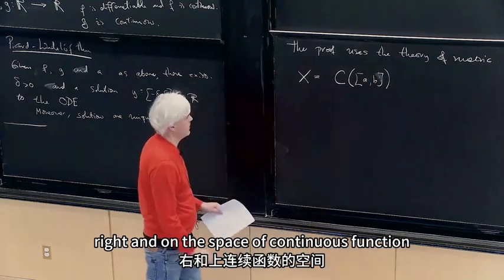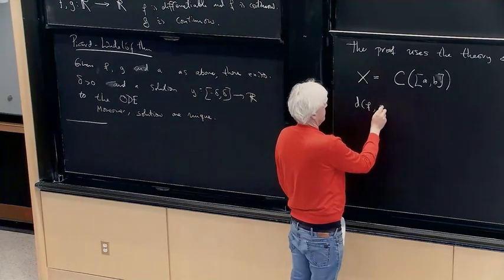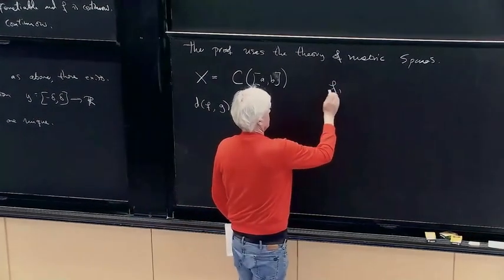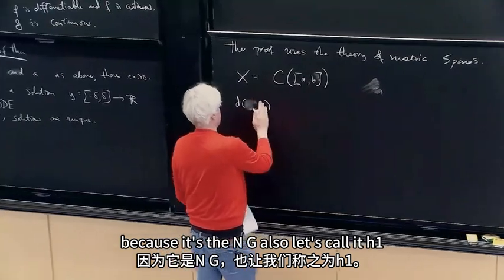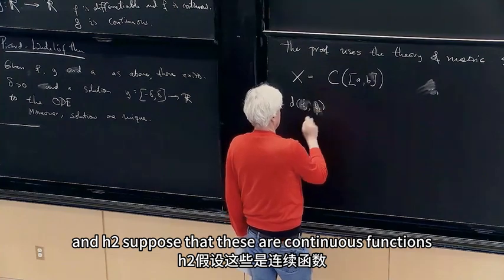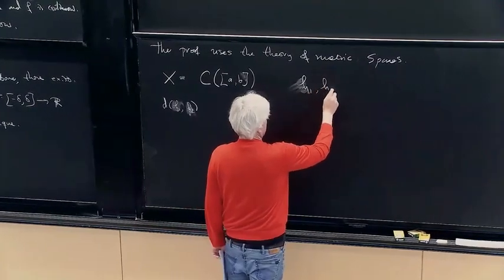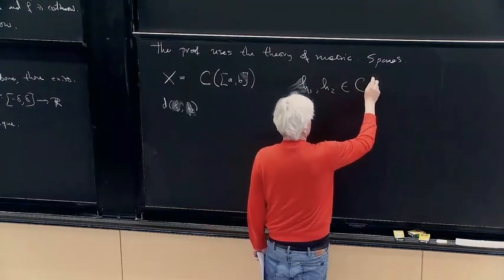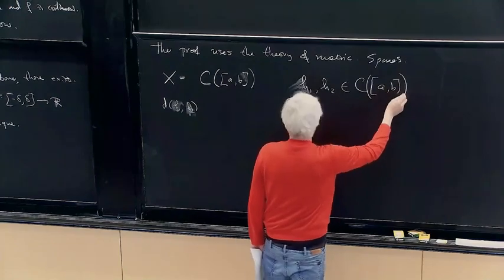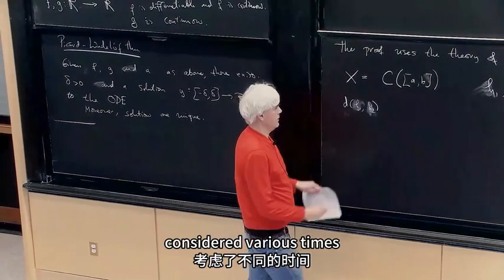Right, and on the space of continuous functions, we have the metric that we talked about. Let's call the functions h1 and h2. Suppose that these are continuous functions on an interval like this. Then the distance is this that we have considered various times.